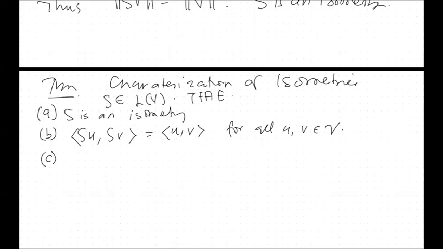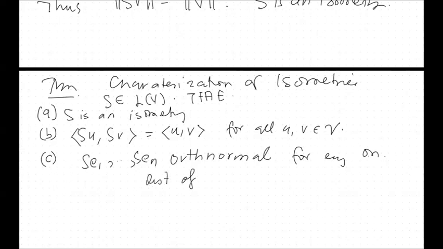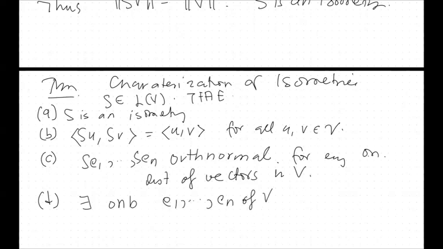C, S of E1 up to S of En is orthonormal for every orthonormal list of vectors in our V.